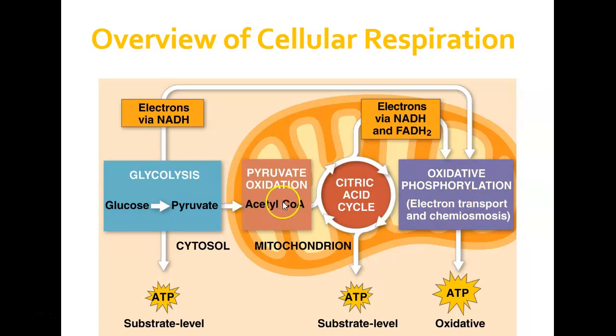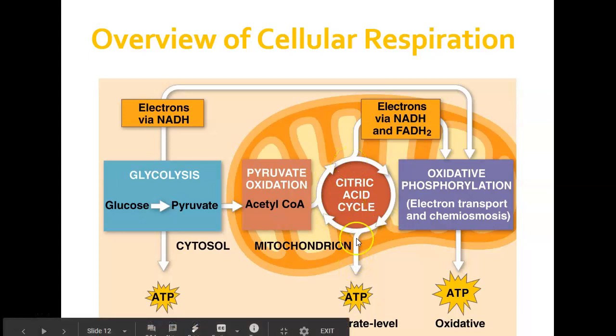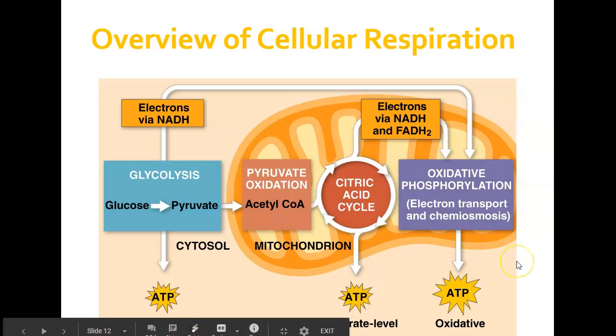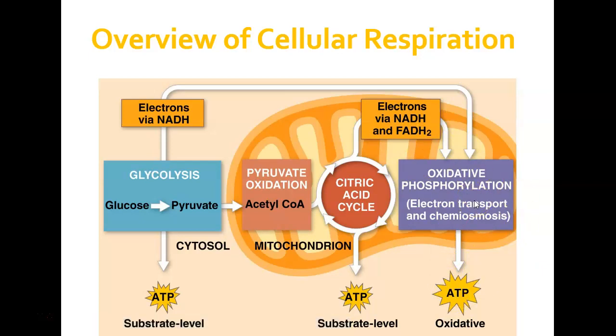Then you move into the mitochondria, the powerhouse of the cell, into the open space where pyruvate oxidation happens. And then in the matrix is also where the citric acid cycle happens. Some of the ATP is made, some of the shuttle molecules, we have NADH again, and we also have FADH2. Those things come together at the very end in the electron transport chain to generate a lot of ATP. And that part happens in the membrane, which we will talk about.